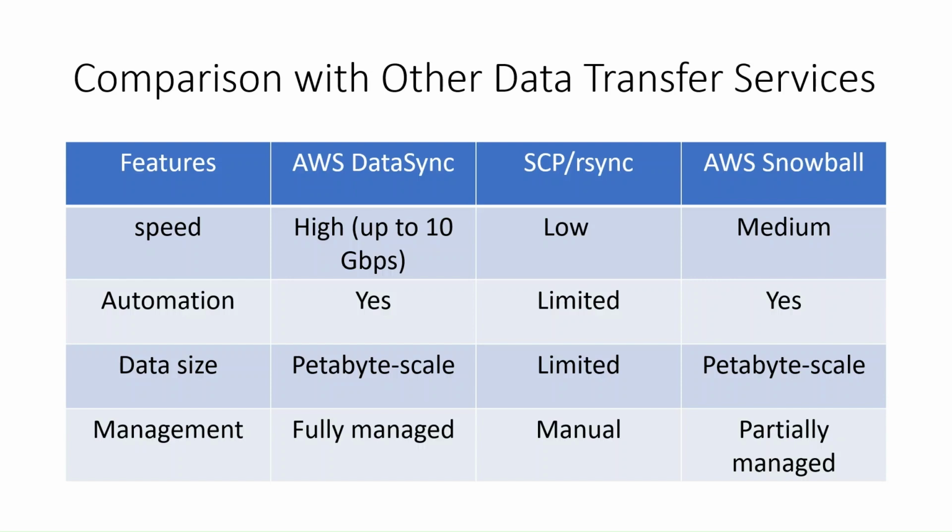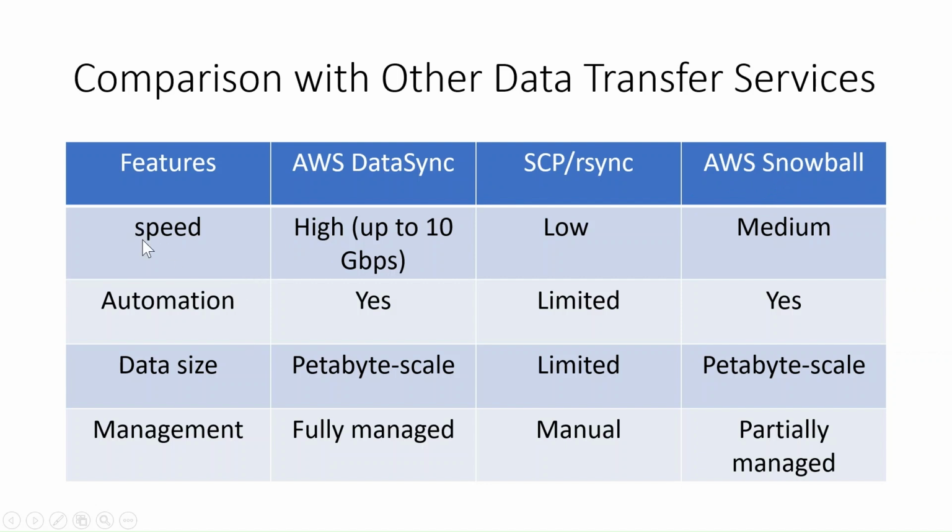Now let's compare AWS DataSync with other data transfer services. Here there are three data transfer services: AWS DataSync, SCP or rsync, and AWS Snowball.